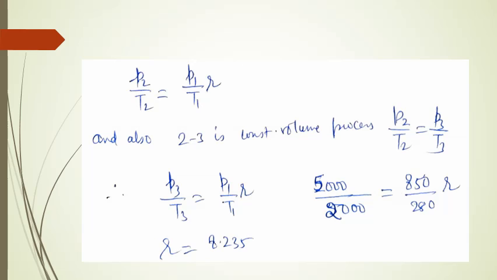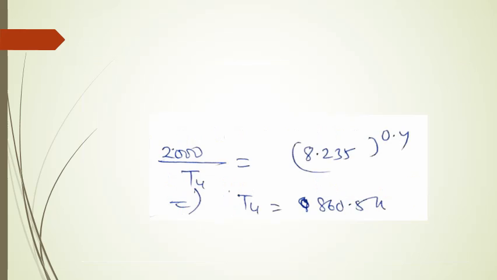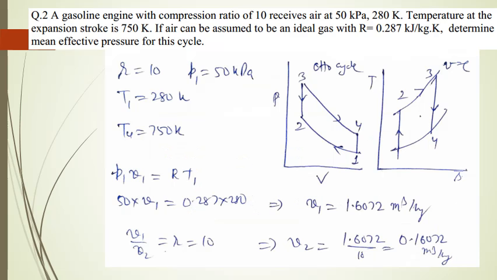So substituting these values, we get the final expression and the value of r as 8.235. Now we get the value of T4 as 860.5.